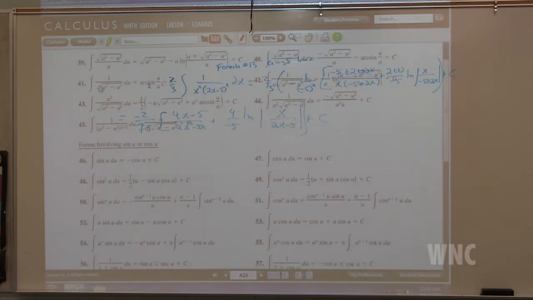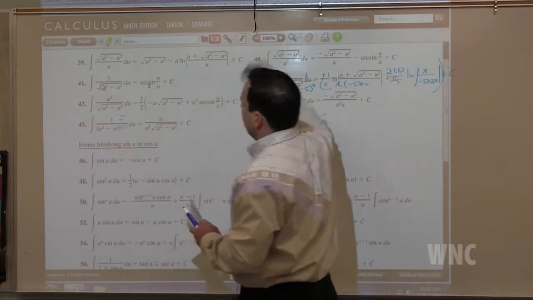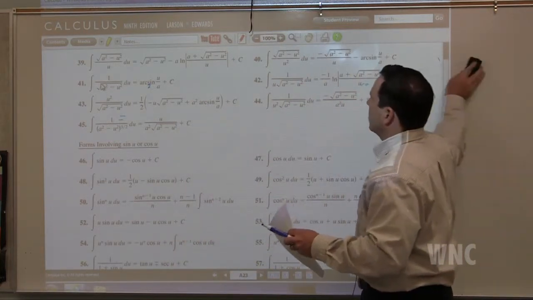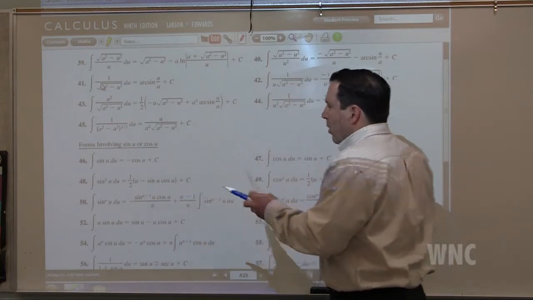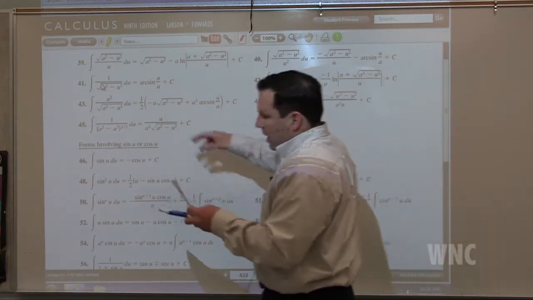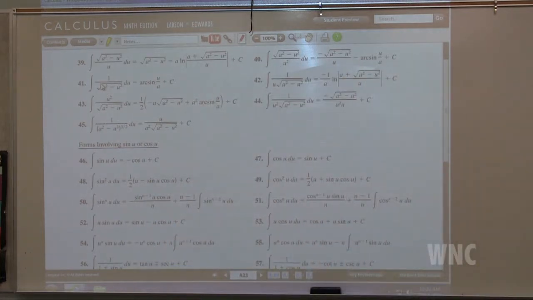The one that works here is number 41. This is 1 over the square root of a squared minus u squared equals arc sine u over a plus c. So you might be thinking, wait a second, this has an x on top. What about that x on top? I'll show you.